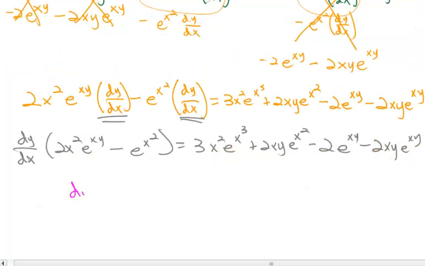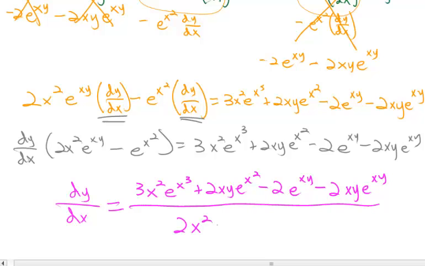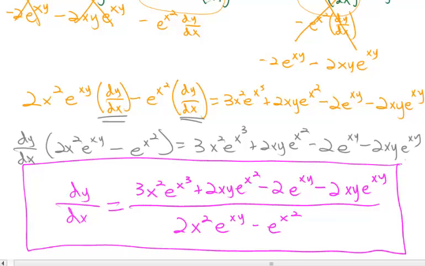And divide to get dy dx alone, and it's just the ugly fraction 3x squared e to the x cubed plus 2xy e to the x squared minus 2e to the xy minus 2xy e to the xy all over 2x squared e to the xy minus e to the x squared. And we have our implicit derivative.